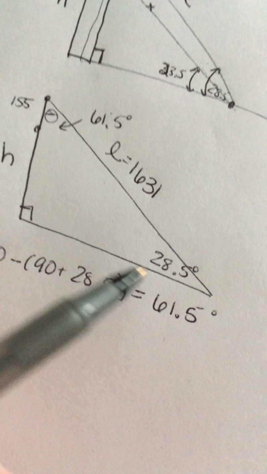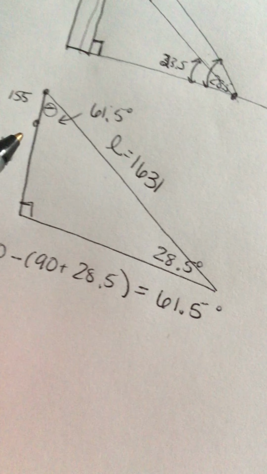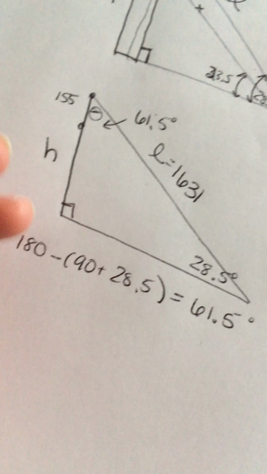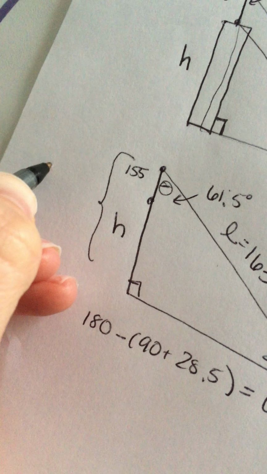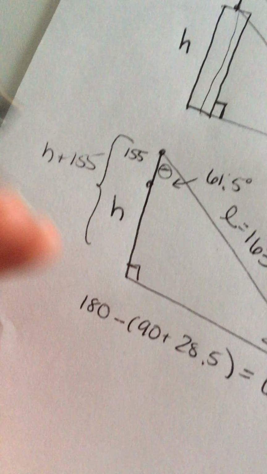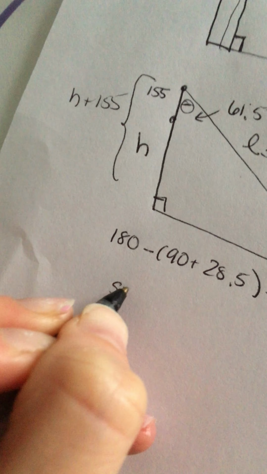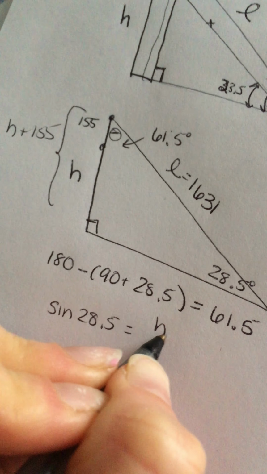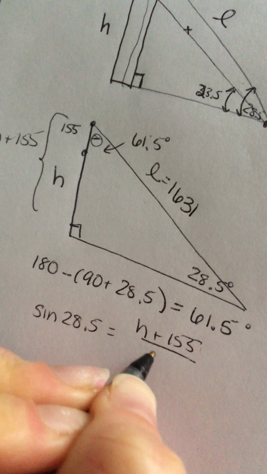Now, I can use sine here to find H. But the problem is that this whole side is going to be H plus 155. So just something to be aware of when we do this problem. So I'm going to say sine of 28.5 is equal to H plus 155 over 1631.